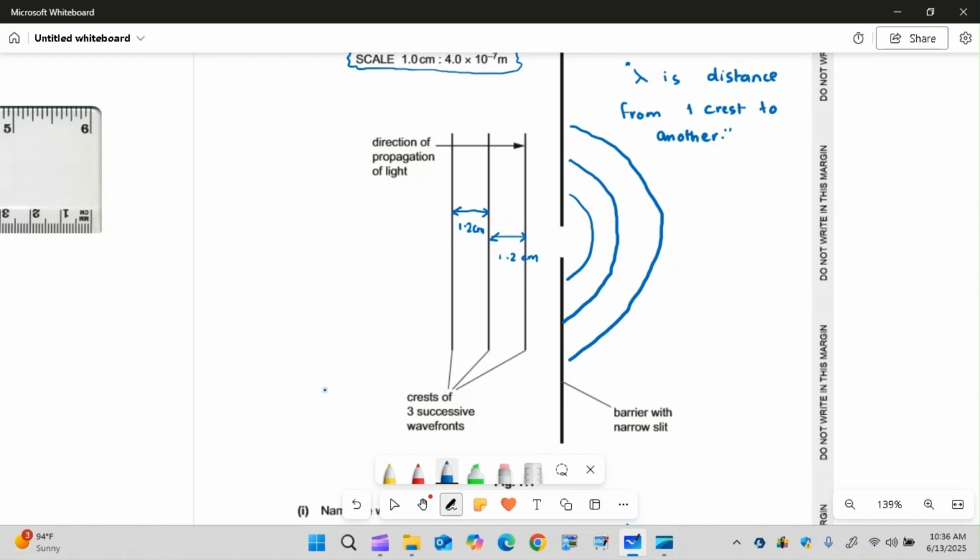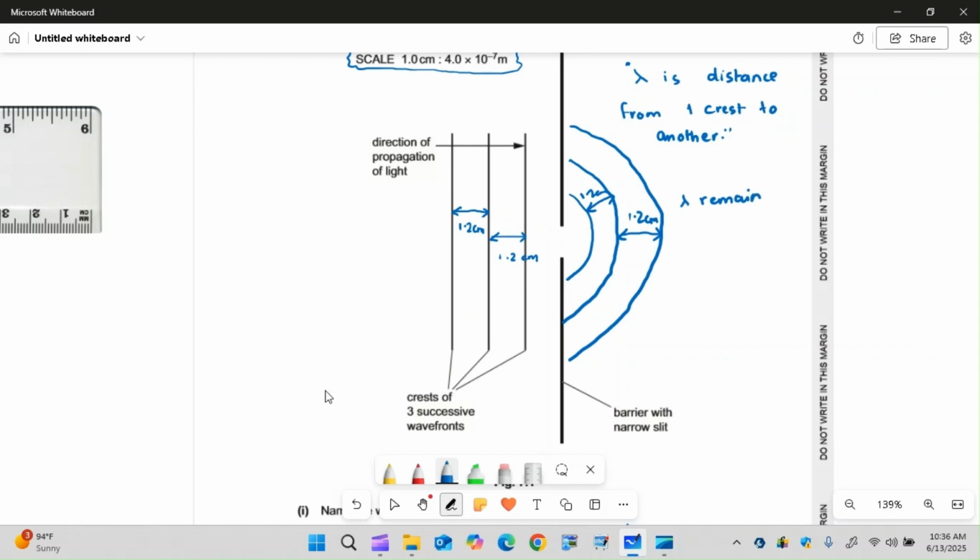Here I want to mention that this length is 1.2 centimeter. I know this might not be up to the scale, but if I am writing is 1.2, so this is 1.2 centimeters. So this wavelength after diffraction, wavelength remains same.